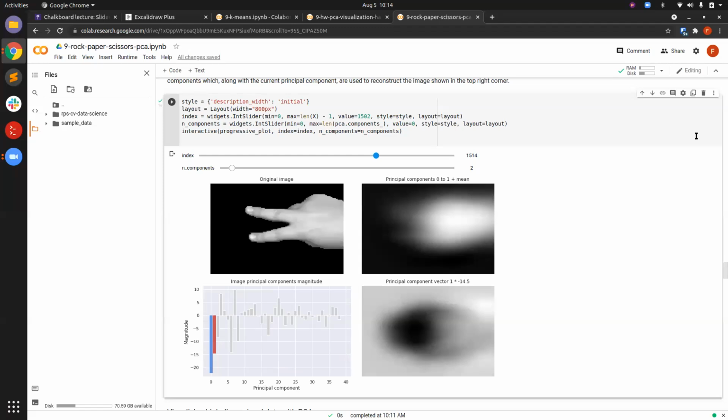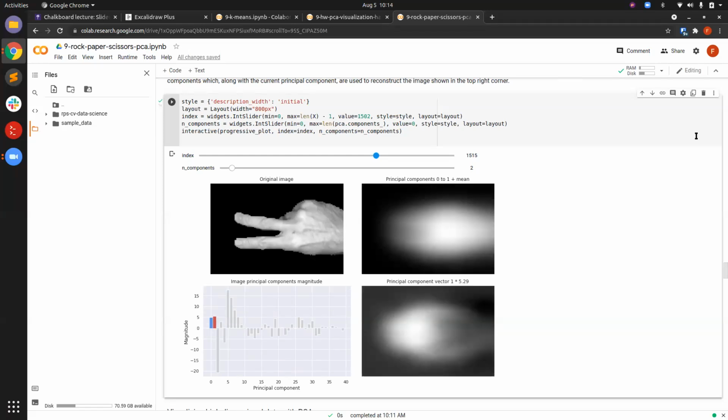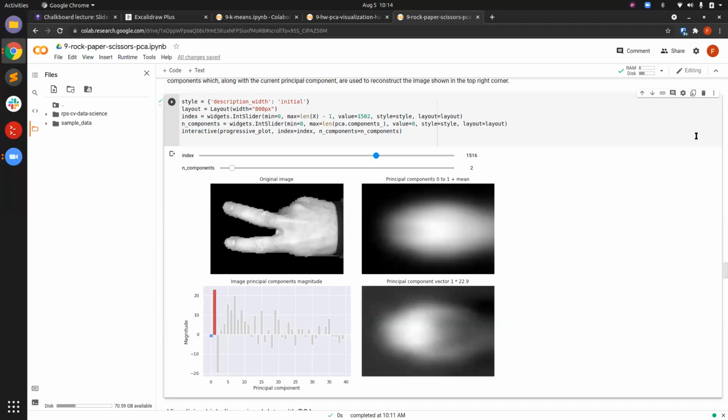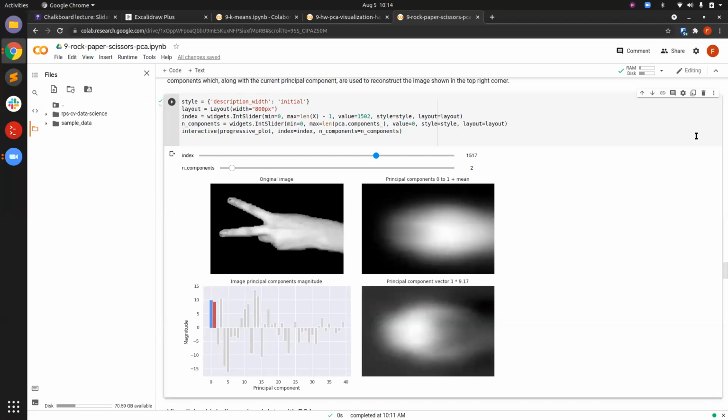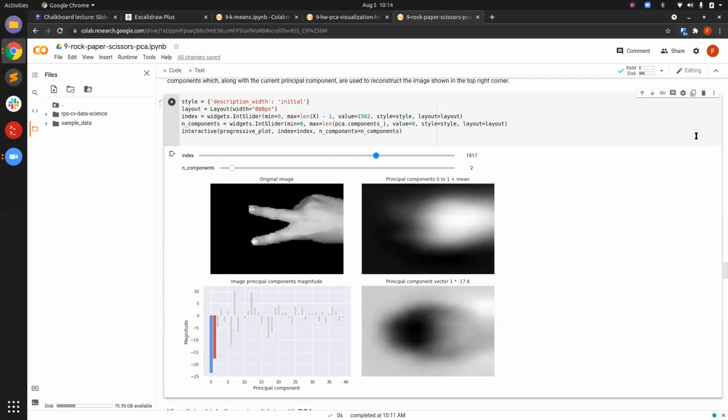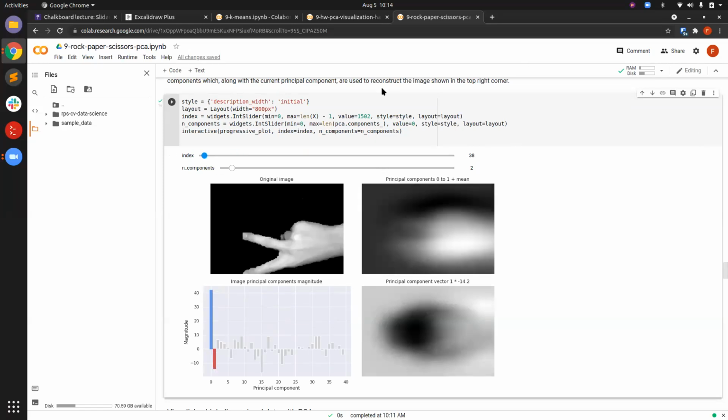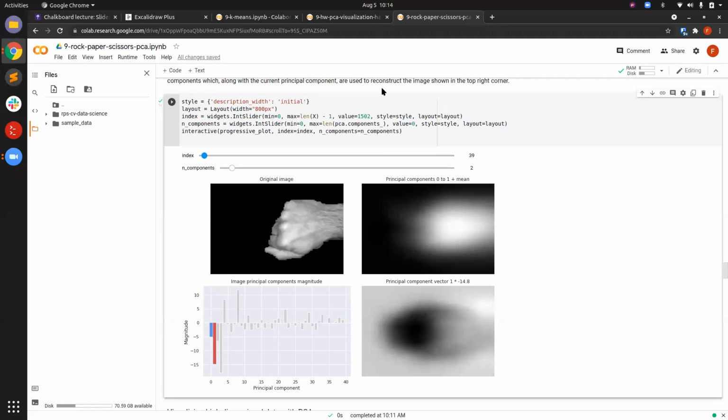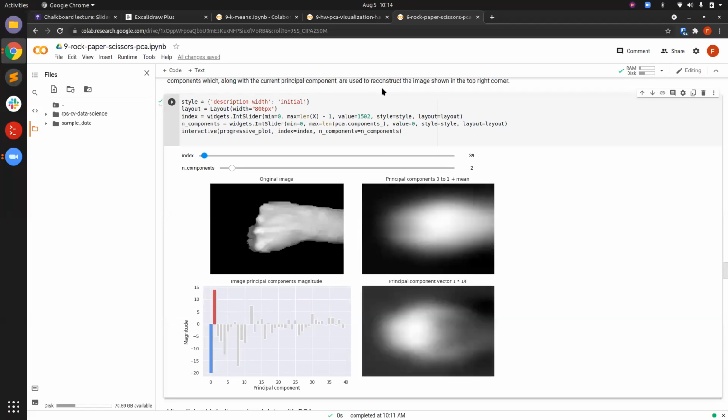You can see for hands that are mainly in the right side of the image, the magnitude of this principal component tends to be negative. For hands that have more contribution in the left side of the image, the magnitude is larger. So this principal component basically encodes whether there's a hand in this part of the image or not.